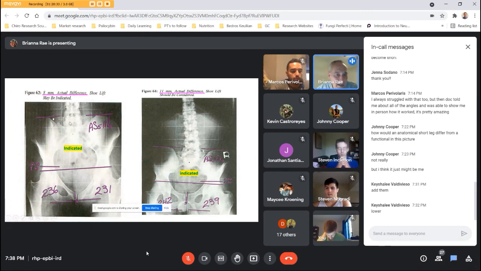And it looks like the body rotation and the skull, a little bit of curvature is on the left, so that's why it's indicated. But if I want to know for sure how much to give them, I would put the lift in their shoe and then take a new picture with the lift in the shoe to see what it did to the sacral base and to the lumbar spine.